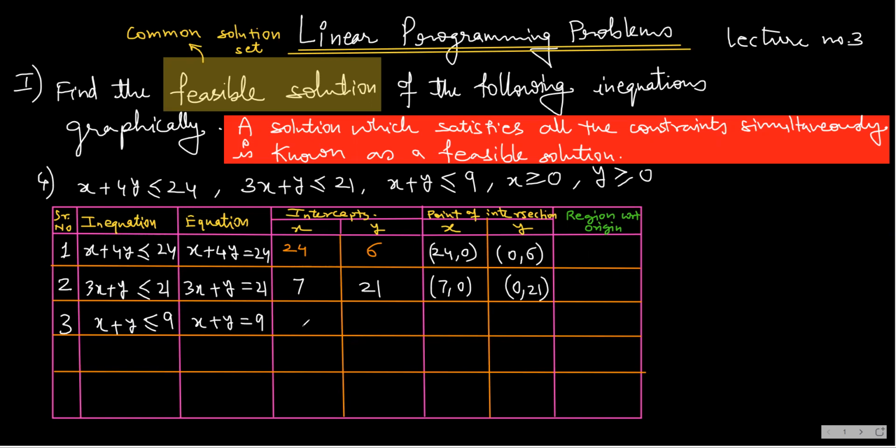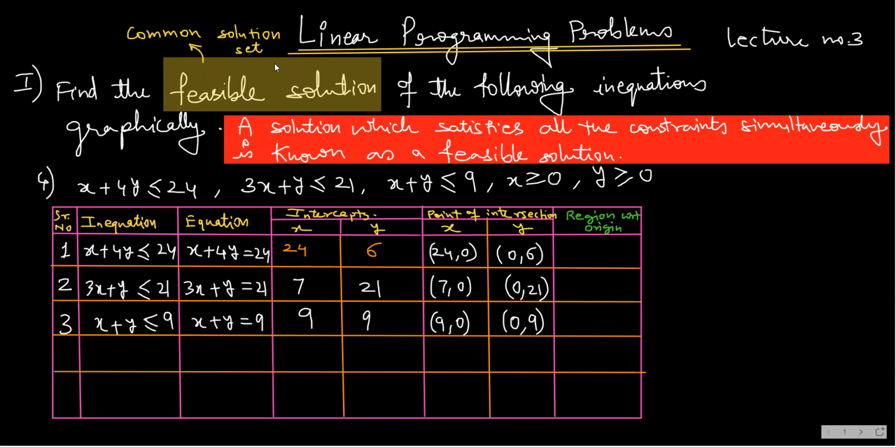You put y equals 0, you get the x-intercept 9. You put x equals 0, you get y as 9. So the points of intersection on the coordinate axes will be (9, 0) and (0, 9). Okay, then after that we have these non-negative constraints.